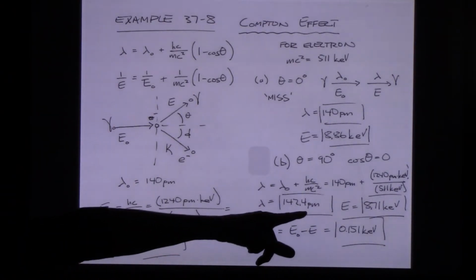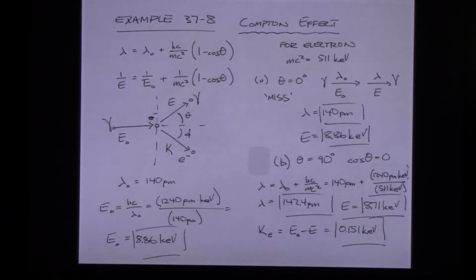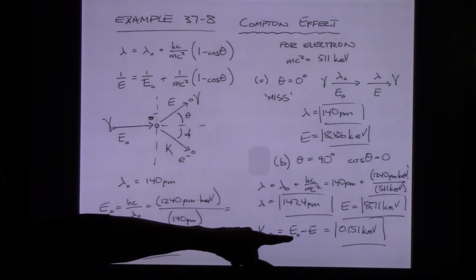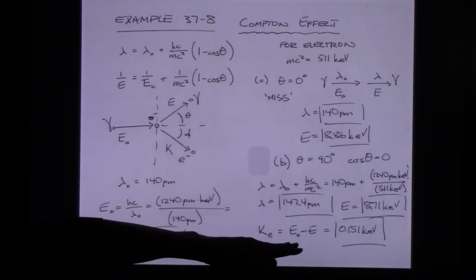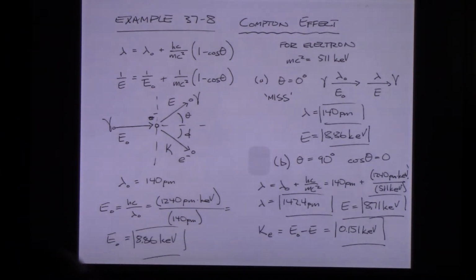Now, a longer wavelength for a particle means it has less energy. So when we calculate the energy of these photons, the photon energies now are at 8.71 keV, and we can calculate how much of the energy transferred to the electron. So I can take the starting energy of the photon and subtract off the final energy of the photon to see how much energy is missing, because whatever energy is missing is now kinetic energy of the electron.